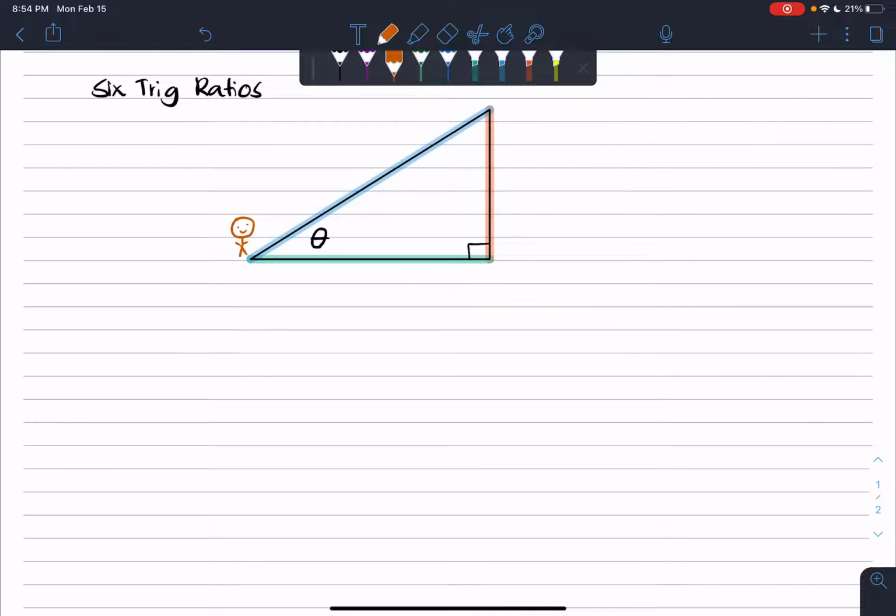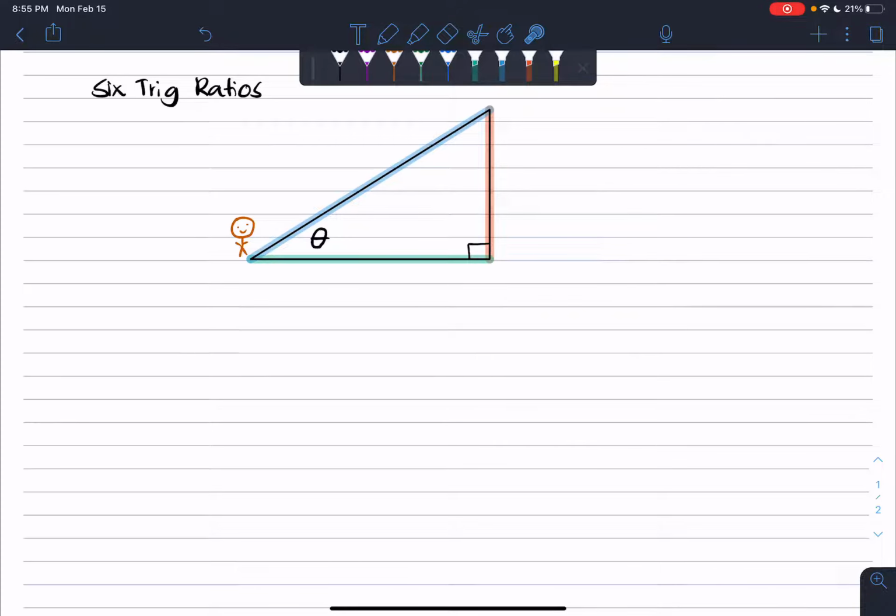Okay, now a lot of us were asking, okay, how do you know where to draw that person? It really just depends on what the problem is asking of you. When they tell you, they basically tell you which angle to look at. Okay, in this case, we're going to look at this angle here called theta. So that's where I draw my little buddy.